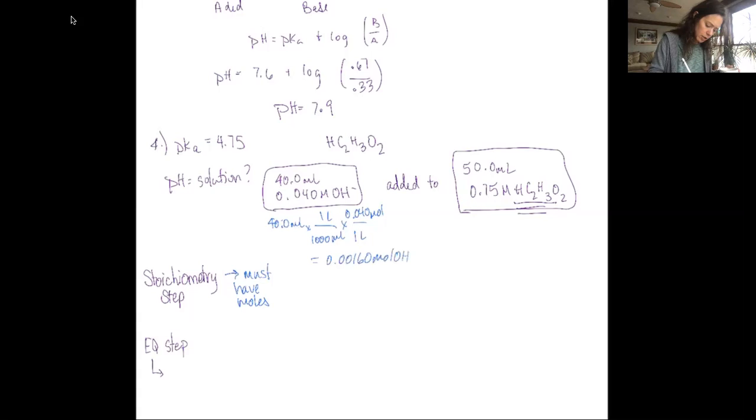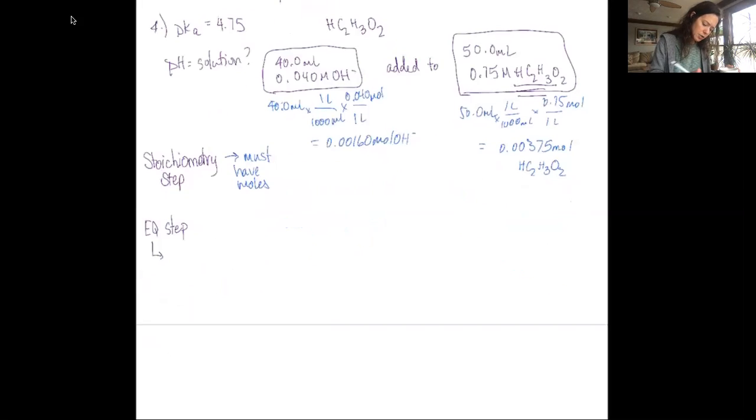Moles of hydroxide. Over here, we've got our 50.0 milliliters, 1,000 milliliters, 1 liter. Every 1 liter is 0.75 moles. So that's going to equal 0.00375 moles of our acid.